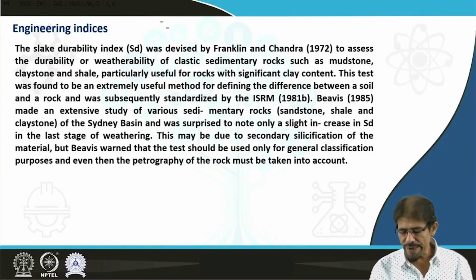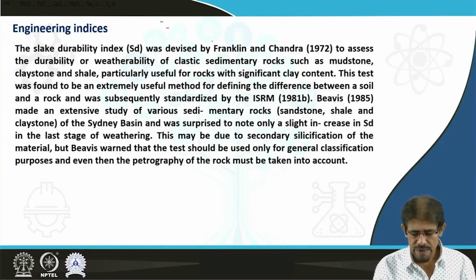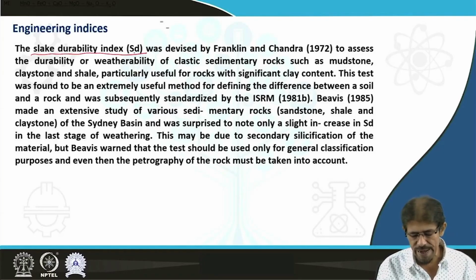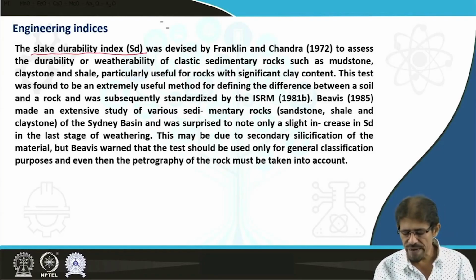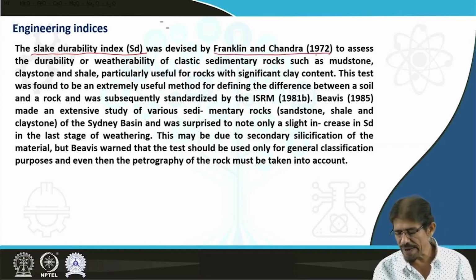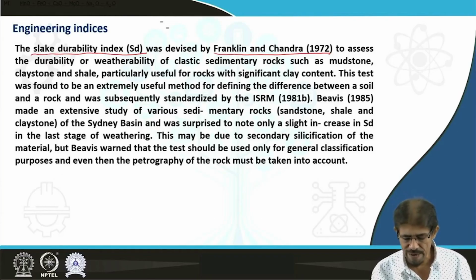Another important engineering index is the slake durability index, which we calculate using a very simple instrument, and the concept was proposed by Franklin and Chandra in 1972. Chandra from IIT Kanpur and Franklin.